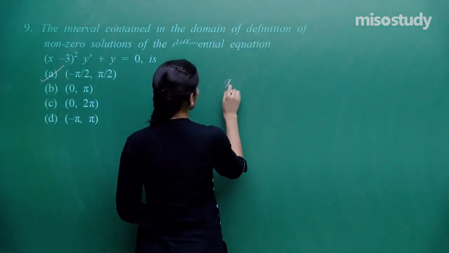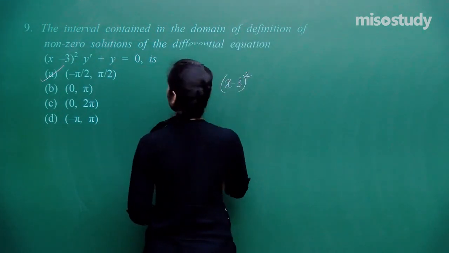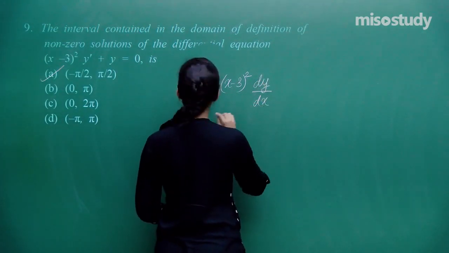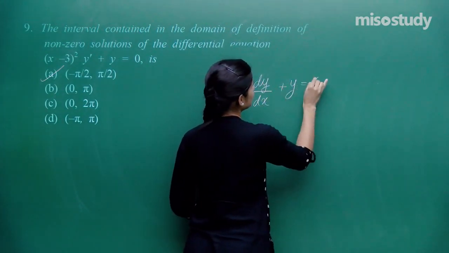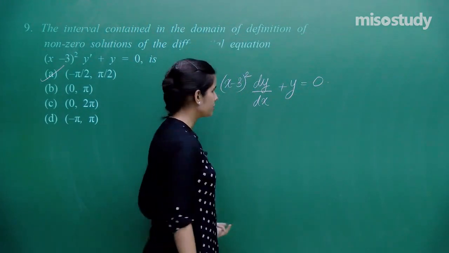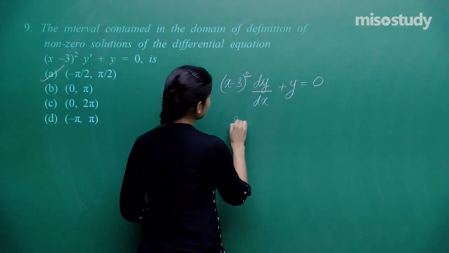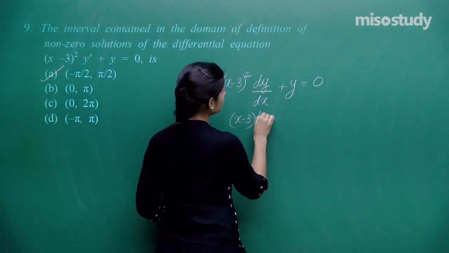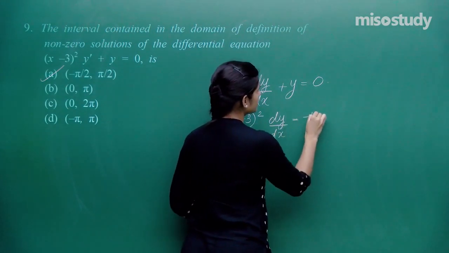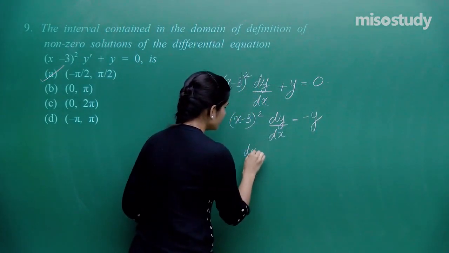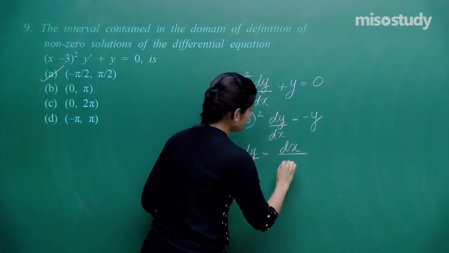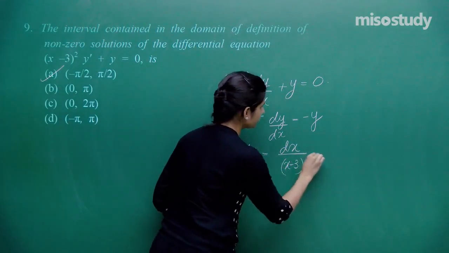So the differential equation is (x minus 3) whole square into y dash, that means dy by dx, plus y equals 0. I want all x together and all y together. So I can say (x minus 3) whole square dy by dx equals minus y. So dy by minus y equals dx by (x minus 3) whole square.